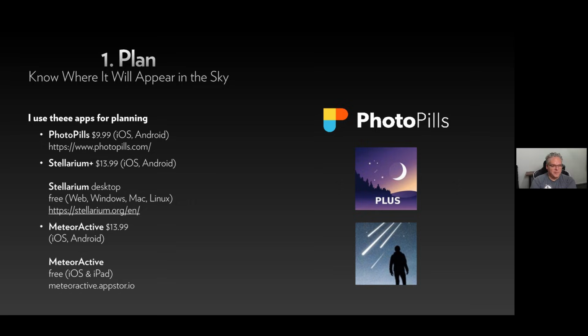It's just the one that I prefer. It has a desktop version, which is really wonderful, that complements the iOS or Android version also. And by the way, PhotoPills is iOS and Android. And then there's another one that came up pretty recently called MeteorActive. It is iOS and Android. And it's a pretty awesome way to look at just meteor showers. And I'll dip into that and show you that a little bit too.